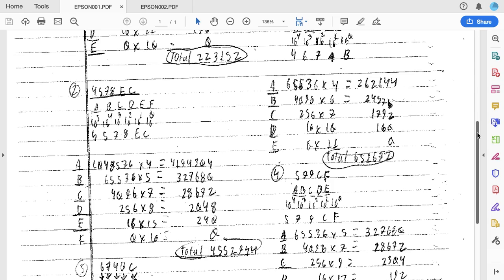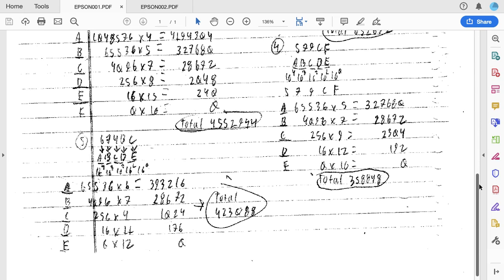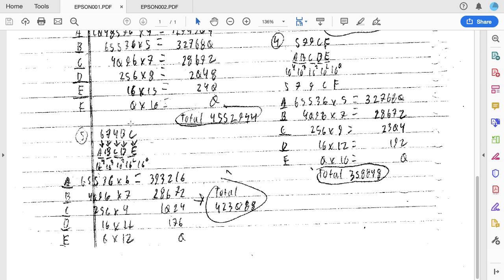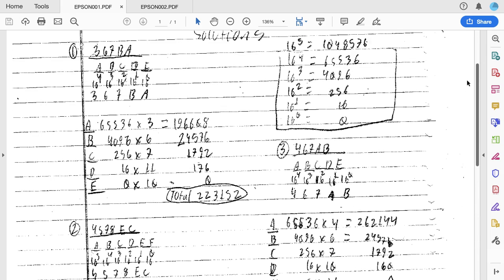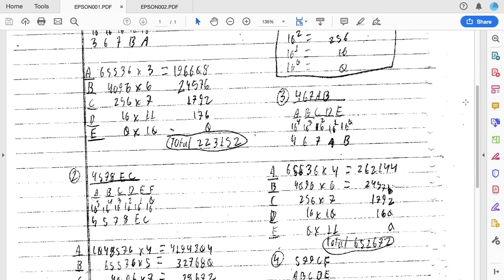For all the problems here, you just rinse, wash, and repeat. The exact same steps, the exact same way. The mechanics don't change, just maybe the length of the problem. Nothing has changed. As you can see right here, exact same thing.